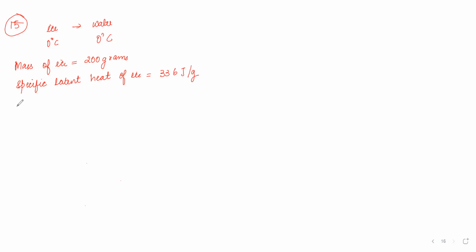Okay, so what you will be writing, heat energy absorbed is M into L, which is equal to 200 into 336 joules. So if you calculate this, you will be getting 67200 joules. So what is this? This is the amount of energy that is being absorbed.